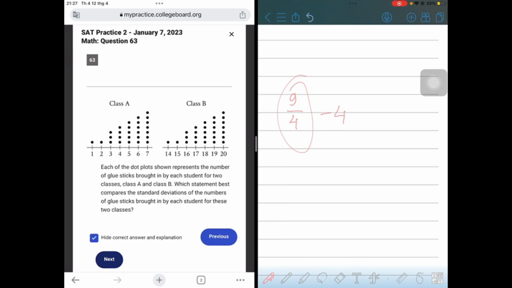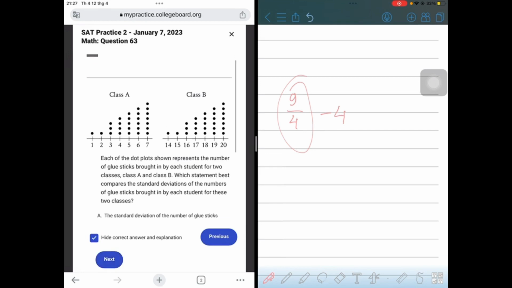So you have to know that the definition of standard deviation is how the data vary from the mean. How far or near is it to the mean? So now we will consider the mean. We don't need to give the exact mean, we just estimate it.